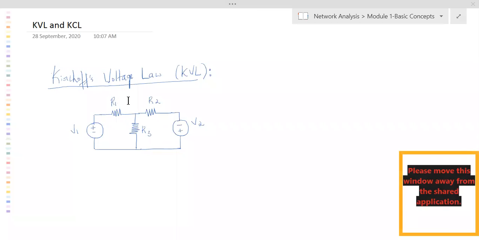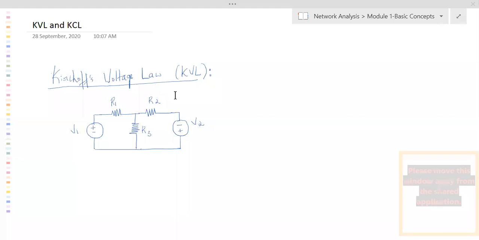Now, when R1, R2 and R3 are not in series or parallel, these voltage laws and current laws would be helpful to find out the currents and voltages. What is the need now? When there are resistors neither in parallel nor in series, then to find out the currents and voltages, we can come out with something called KVLs and KCLs.